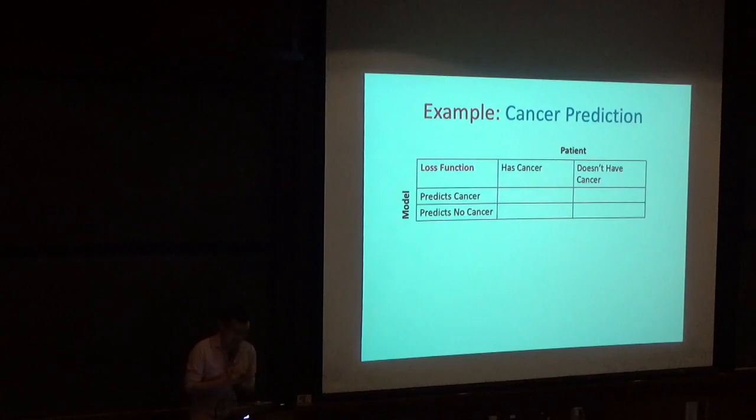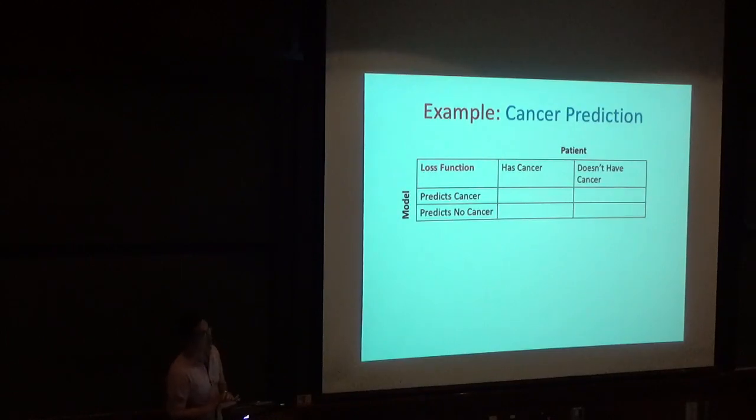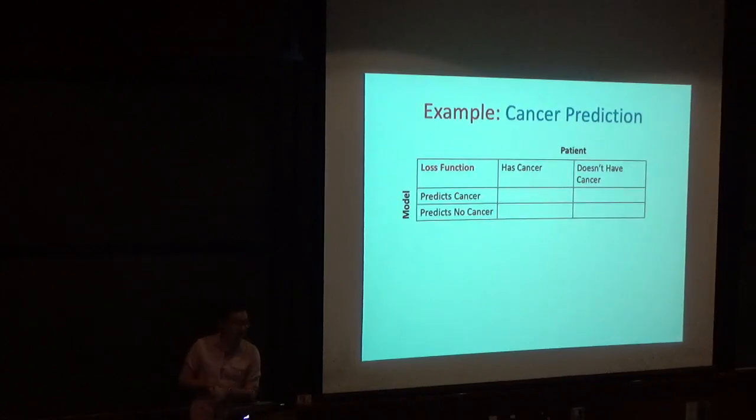Suppose we're doing cancer prediction from, say, an X-ray image. There are 4 possibilities in this toy example; in practice, there may be many more. The patient actually has cancer or doesn't have cancer, and the model predicts cancer or predicts no cancer.